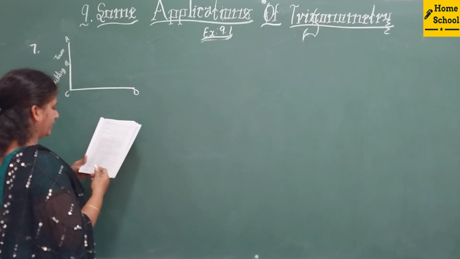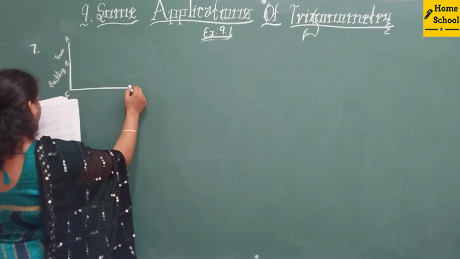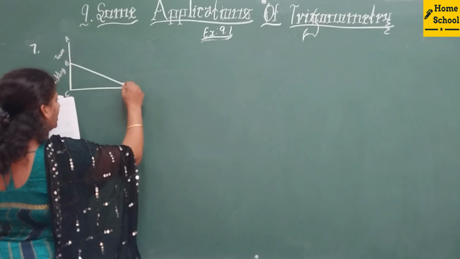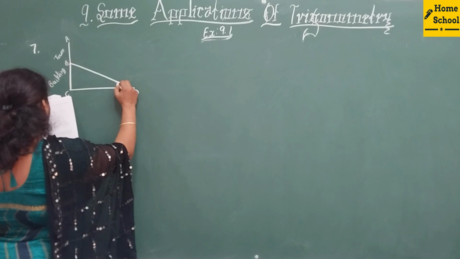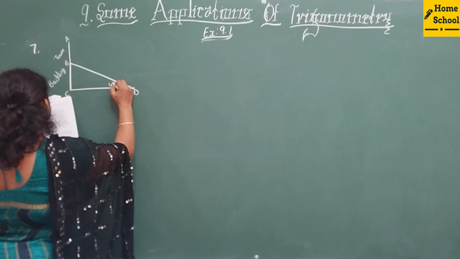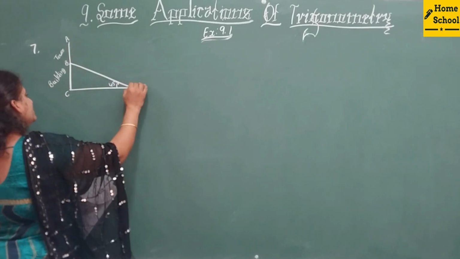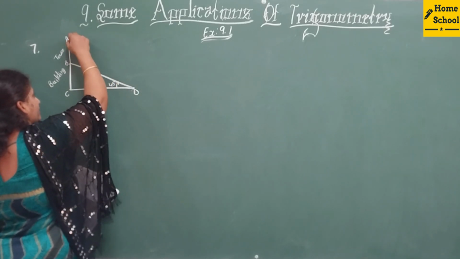From a point on the ground, the angle of elevation of the bottom. First, what we are talking? Bottom of the tower. What is the angle of elevation? Is 45 degree and the top of a transmission tower from the same point.